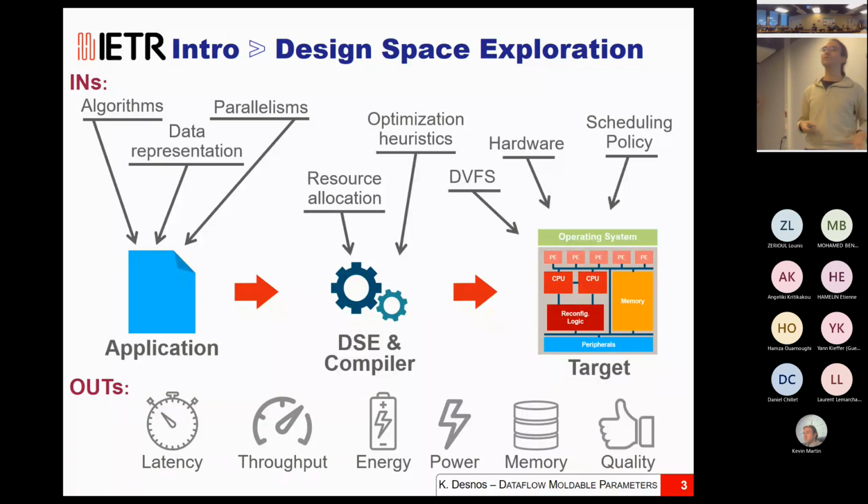And of course, many of these objectives are antagonistic. If you lower the latency of the system, you will probably increase its memory footprint and its energy consumption. So finding an optimal solution is not feasible, because what is an optimal solution in this context when you have multiple objectives?